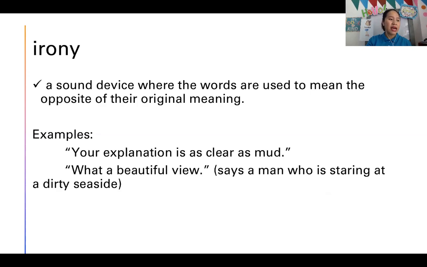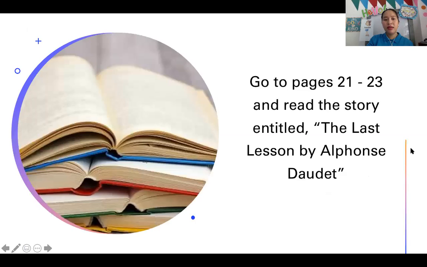Okay. So now, I want you to go to pages 21 to 23 and read the story entitled The Last Lesson by Alphonse Daudet. Okay? I hope you read the story properly because this is a very nice story.